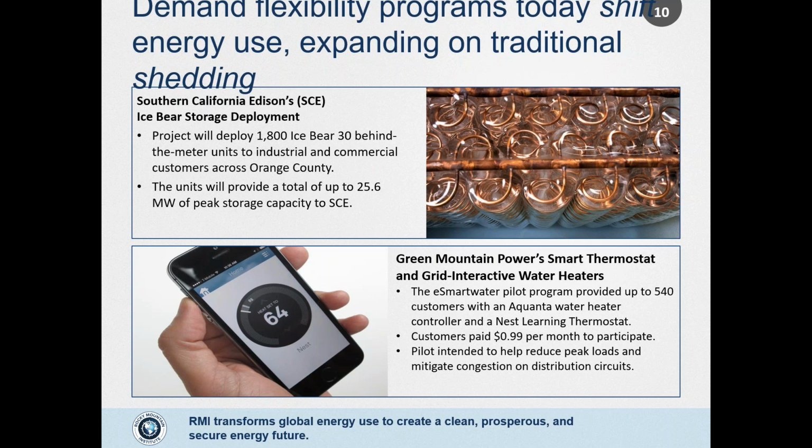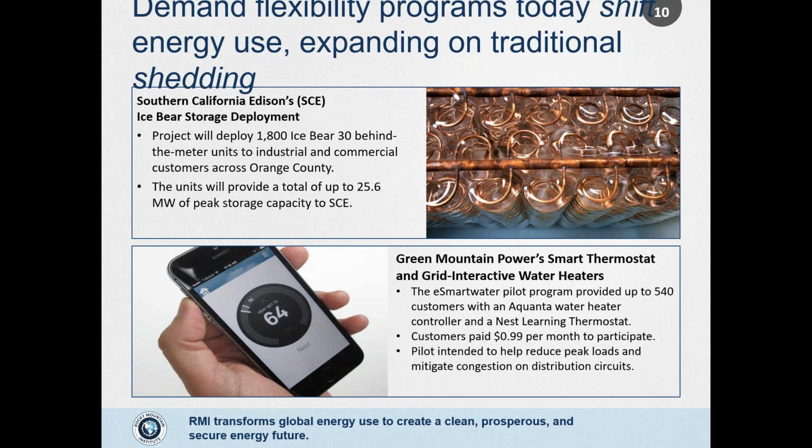Grid interactive water heaters are a great source. We have a lot of them here in the US. About 50% of the water heaters are electric, and so there is a potential for those electric water heaters to interact with the grid directly, basically idle batteries waiting to be utilized.